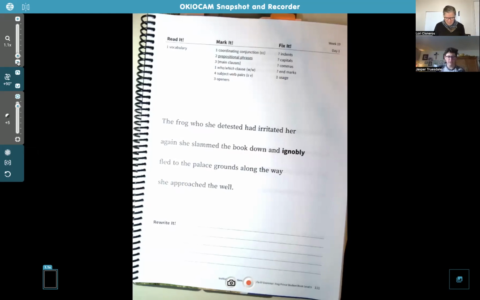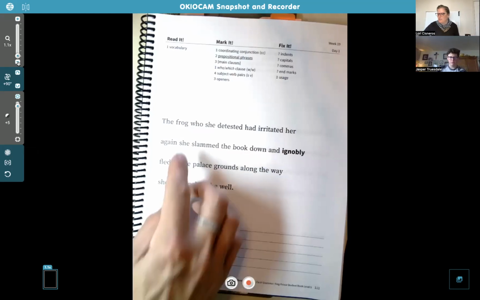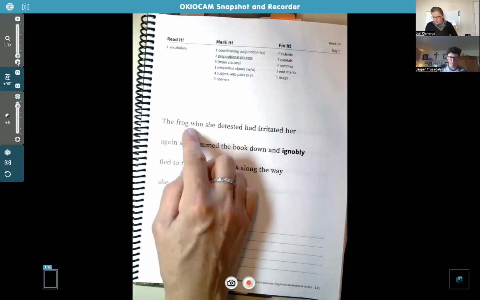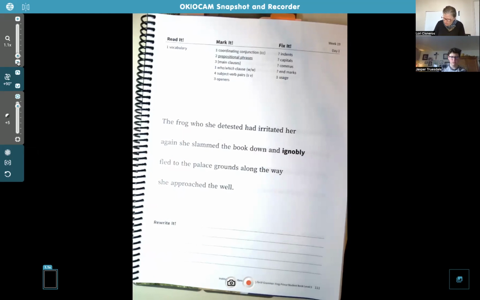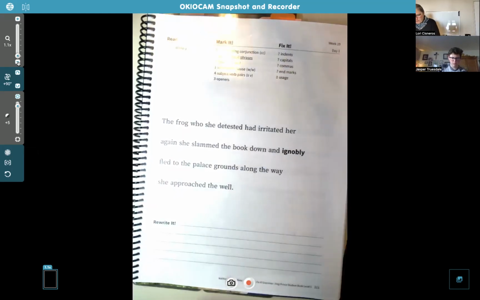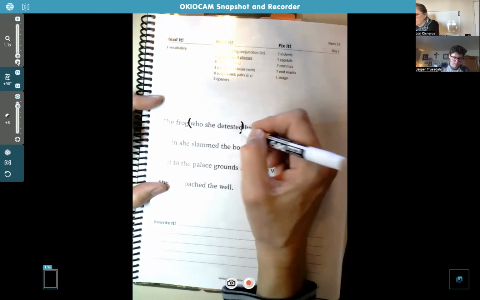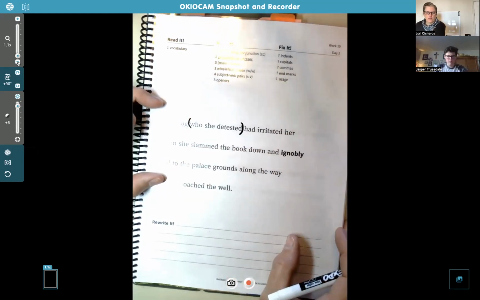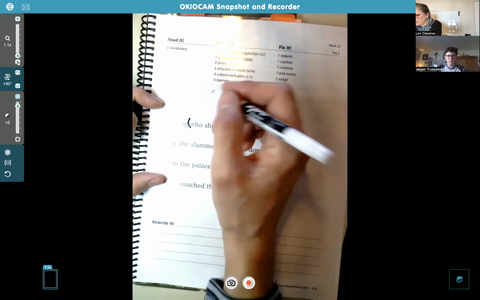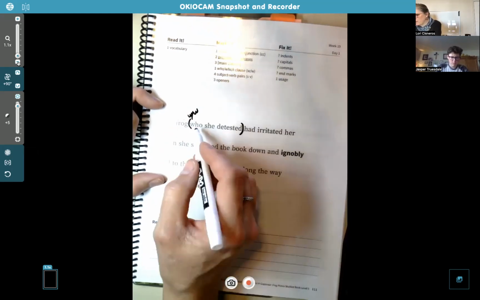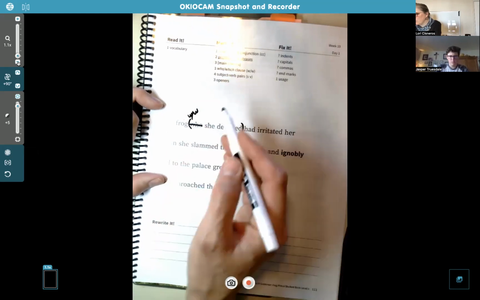So I cross it out and write whom over it. Yes, but you still would mark it with parentheses like you've been doing for your who clause. So the clause is who she detested. We're still going to label it with W/W, but who should be whom.